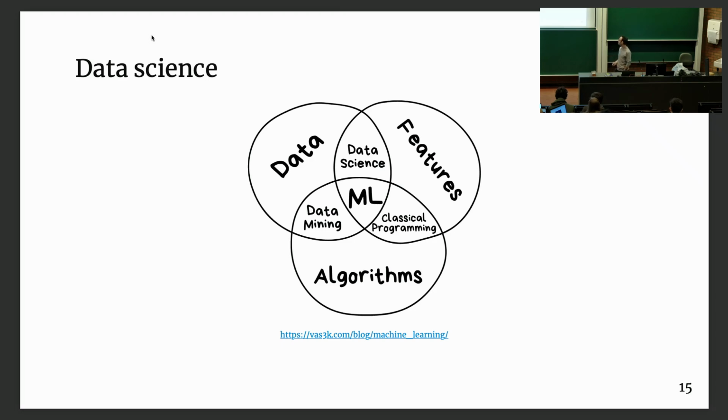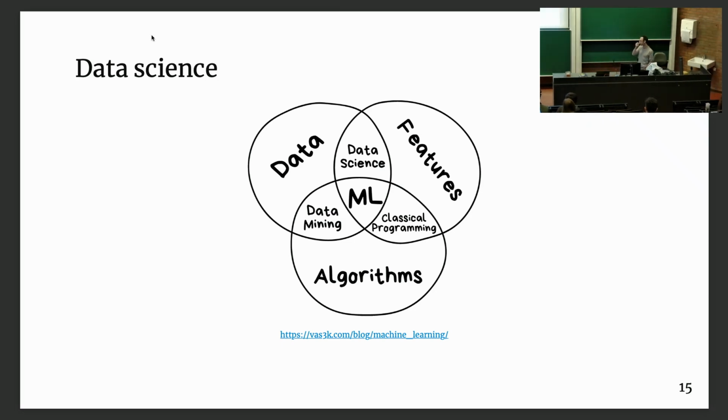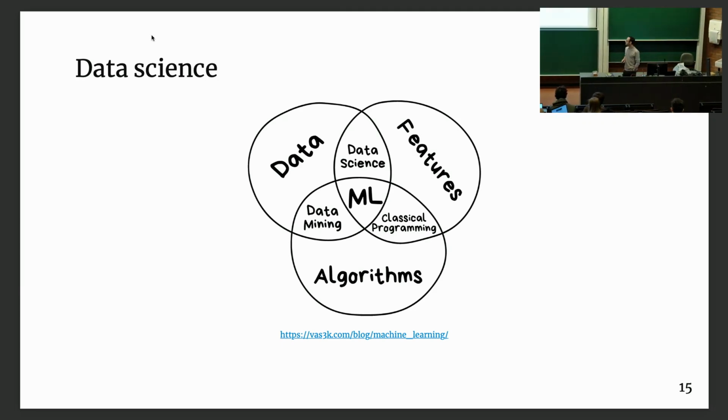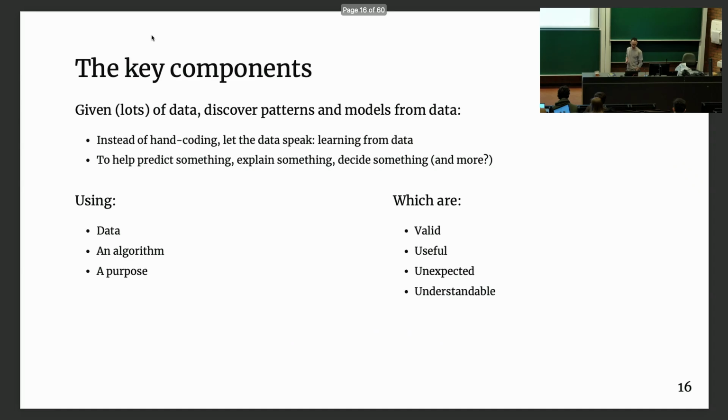So don't go thinking that if you have data and algorithms, but not features, you're doing data mining. But if you have data and features and not algorithms, you're completely wrong, right? I'm not even sure this person knows how a Venn diagram works. So don't get too convinced by presentations that attempt something like this.